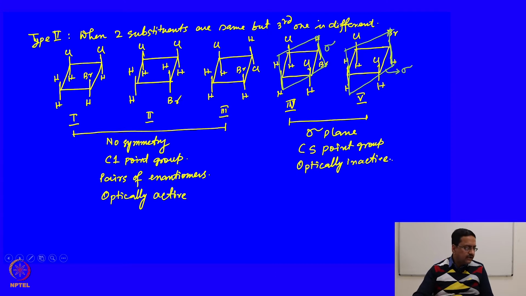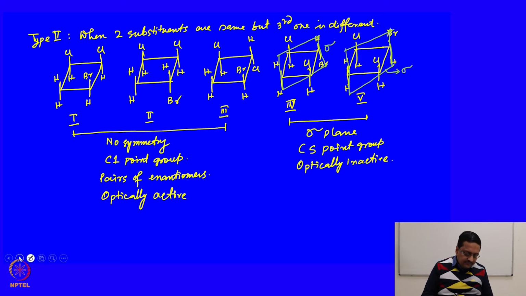So this is how one can try to draw different isomers of substituted cyclobutanes and find out how many isomers are possible and which ones are optically active and which are optically inactive. These isomers 1, 2, 3, 4 and 5 are diastereomers of one particular compound.